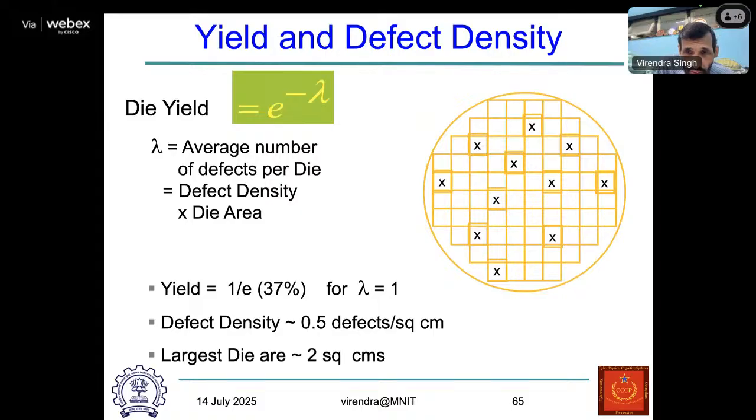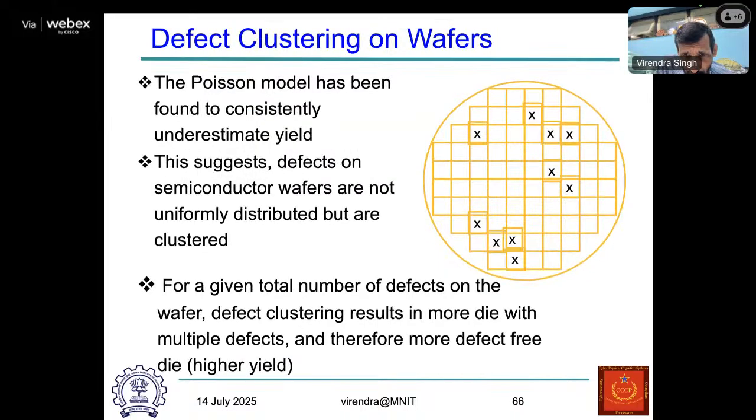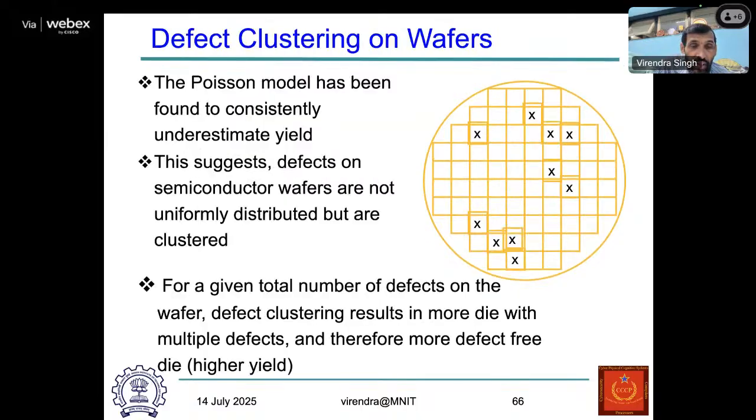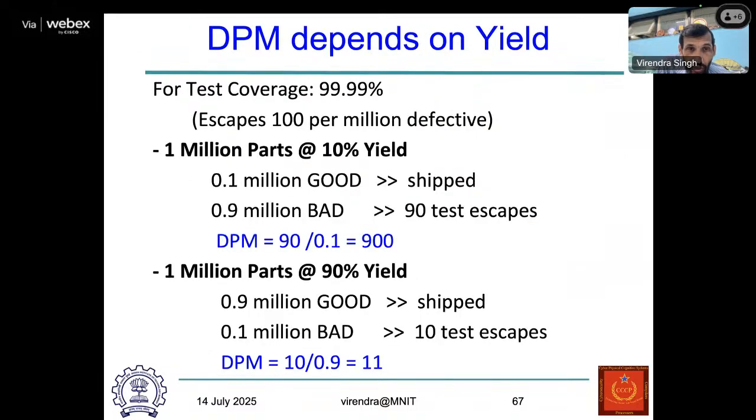But the scenario is not that bad either, because defects in general are not randomly distributed; they are somehow clustered. If they are clustered, you may not get that many bad dies out of it.